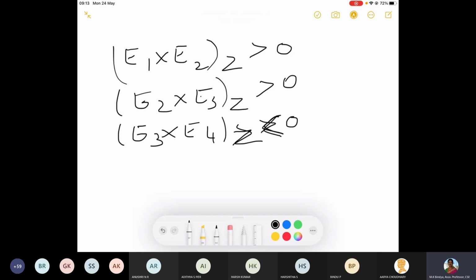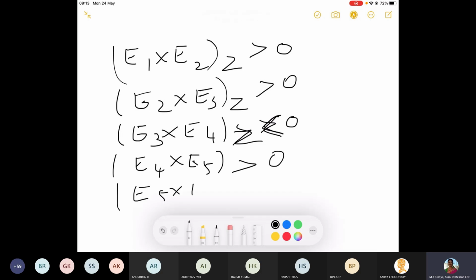You can continue the same for all the edge vectors. Then E4 cross E5 is again greater than 0. Then E5 cross E6 with respect to Z is greater than 0. Then finally E6 cross E1 with respect to Z is greater than 0 itself.